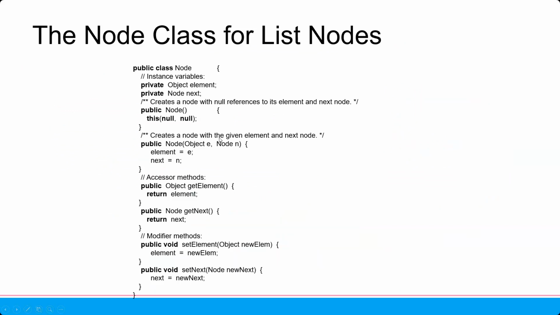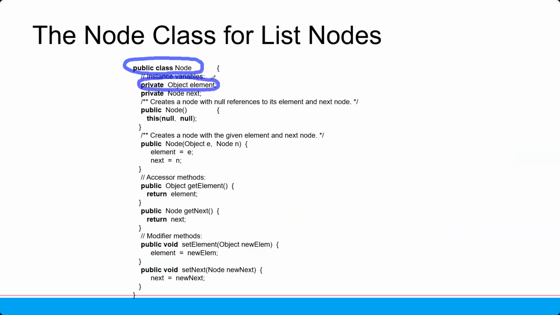In order to understand the singly linked list, we need to understand what a node is. We need to create a node class. As I mentioned previously, a node contains two things. The first is the element.